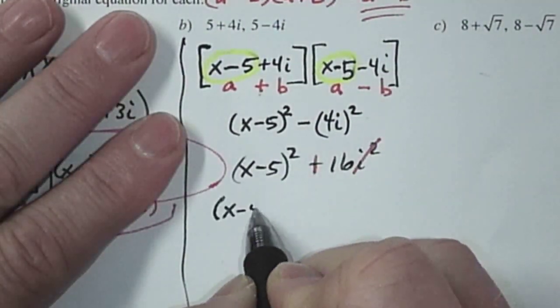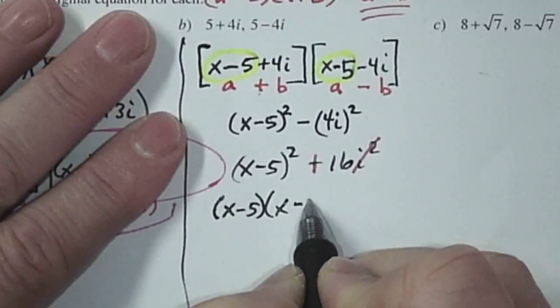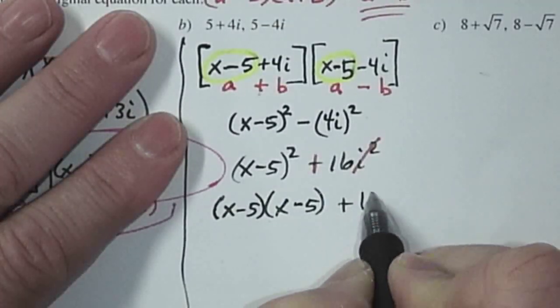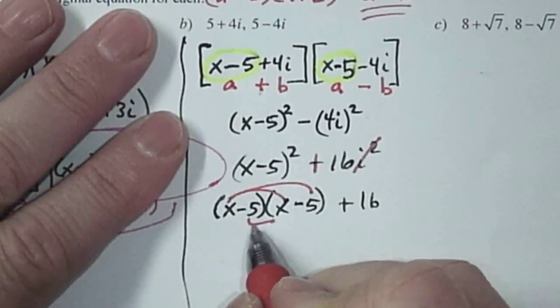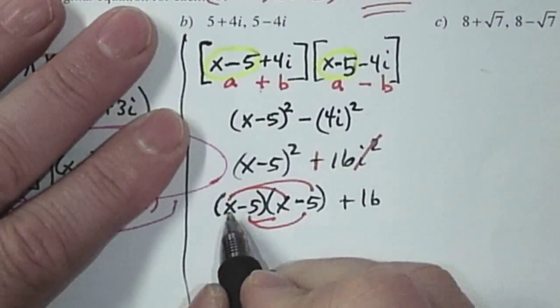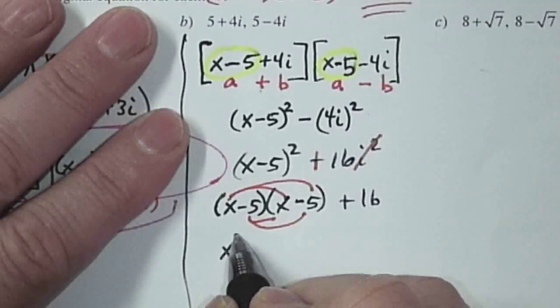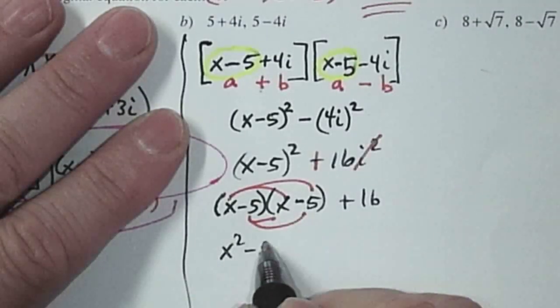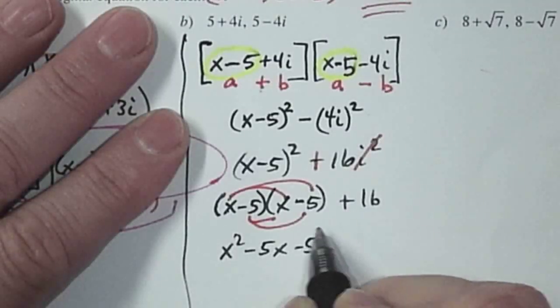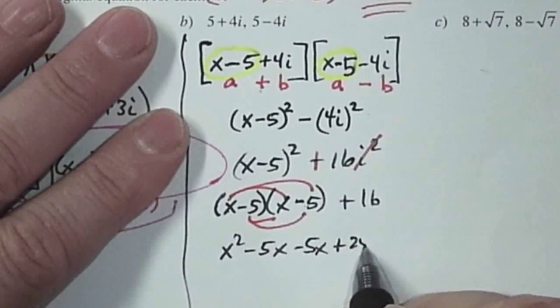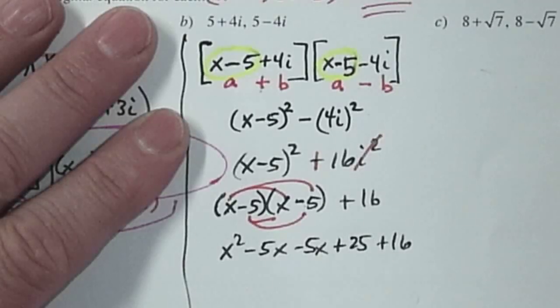So x minus 5 squared, again, squared means times itself. And so we have to go x times that, negative 5 times that, negative 5 times that. X times x is x squared, x times negative 5, negative 5x, negative 5 times x, negative 5x, and negative 5 times negative 5, positive 25, plus 16.